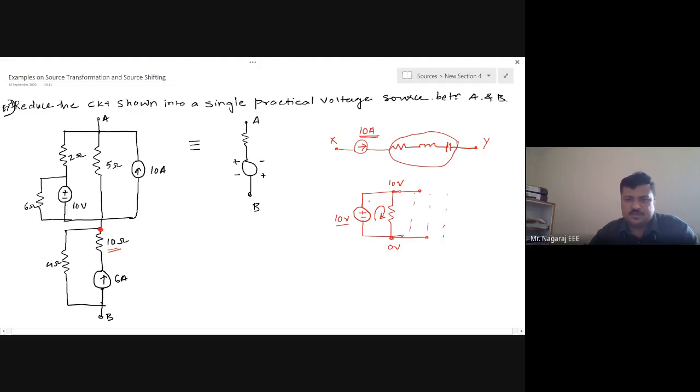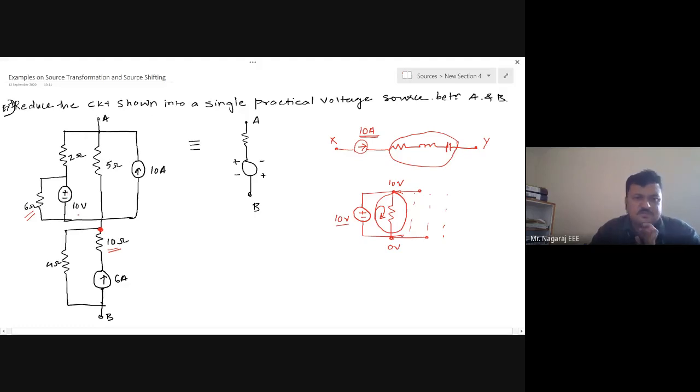And even if this current flows here, it is not doing any kind of work. The same voltage is available after this. Hence, I can take this resistor as a redundant component and I can neglect this for the time being for my simplification.